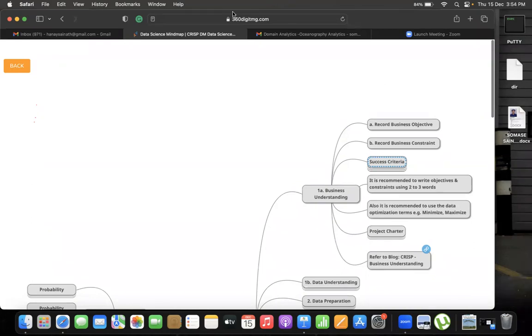For employees, projects, customers, appointments, students, products, orders, supplies, all of these are objects about which the organization stores information, a business object. The same goes for the business constraint.